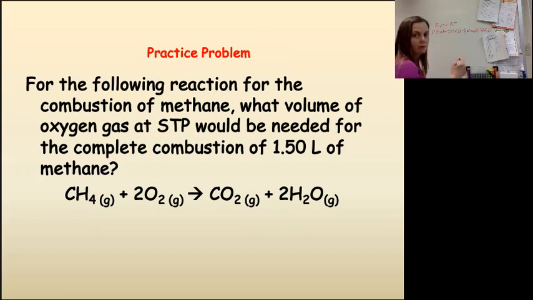We have 1.50 liters of methane. And we know that for every 1 liter of methane, we need 2 liters of oxygen. And so we need 3.00 liters of oxygen.